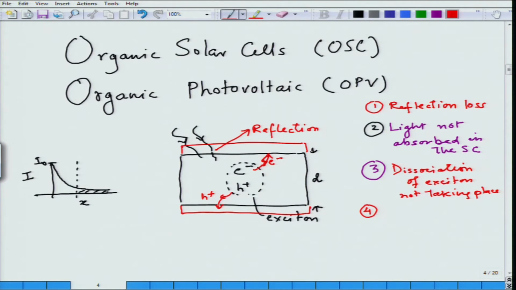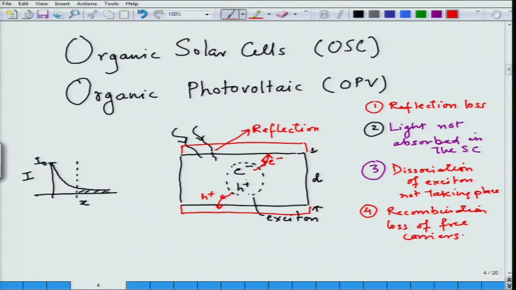Now, there will be another loss process, because in the process from where this electron is generated and moves to the cathode, it is possible that it might encounter another hole and get annihilated. So, there will be recombination loss on the way, recombination loss of free carriers, that could lead to another loss.